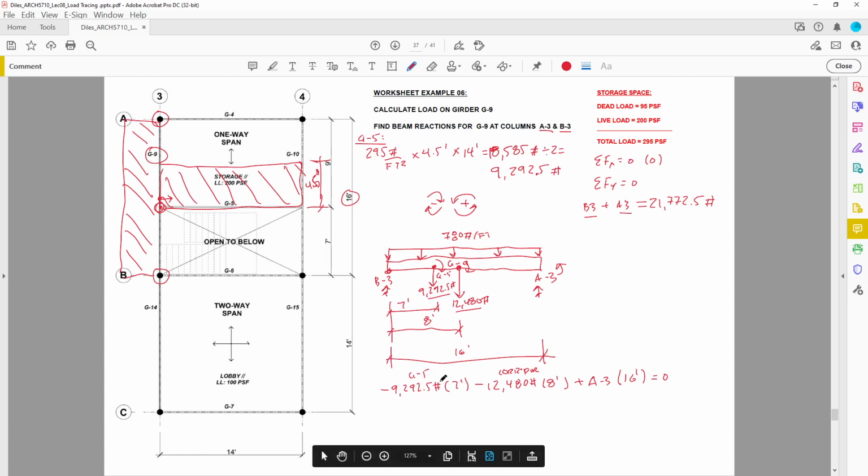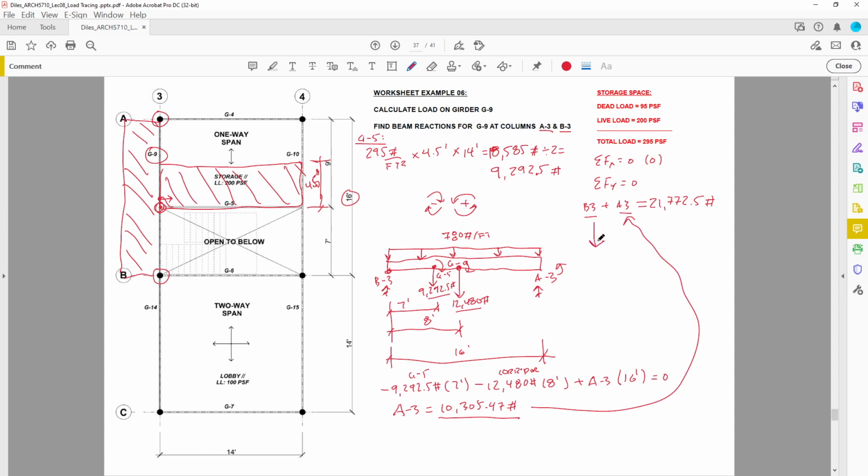Okay, and now when we crunch this, the reaction at A3 equals 10,305.47 pounds. So we can now plug that in up here to find B3, and then B3 equals 11,467.03 pounds.